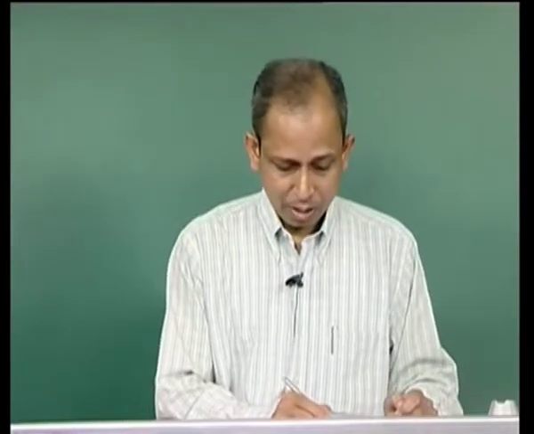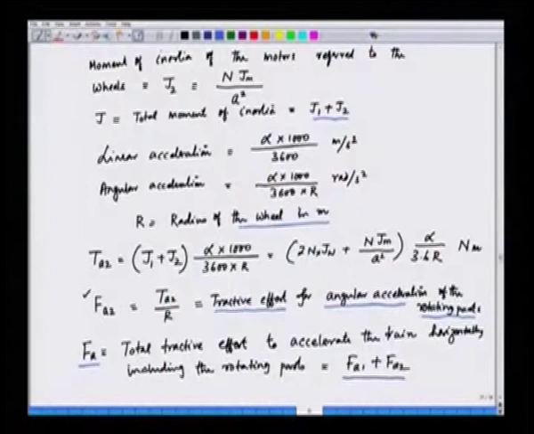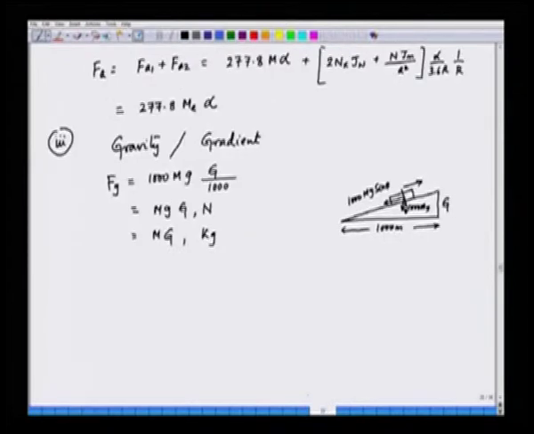So we have the total tractive effort Fa, the sum of the linear tractive effort Fa1 and the tractive effort for accelerating the rotating parts Fa2, and we add these two components, and then what we obtain is the equivalent mass me of the train.